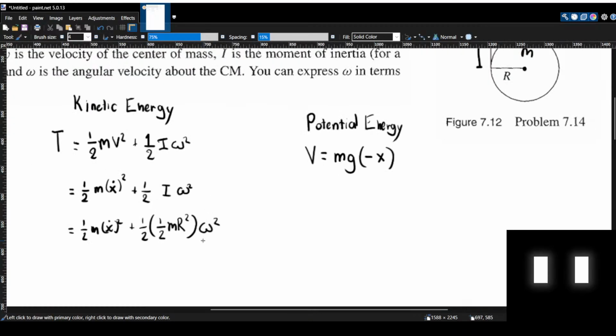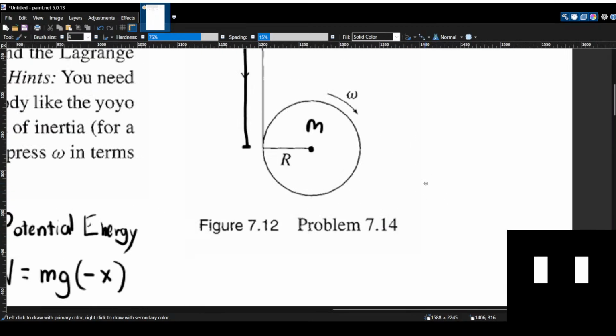Now, what is omega? Omega is the angular velocity of this cylinder here, of course. As this thing falls down, it's going to unravel the string that is wrapped around it, and it's going to roll down.